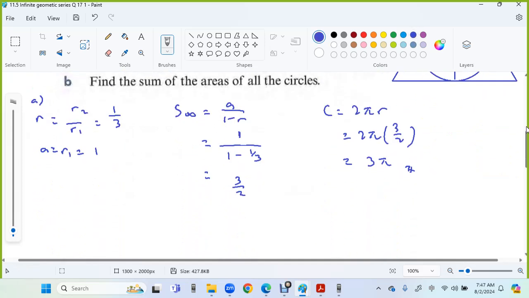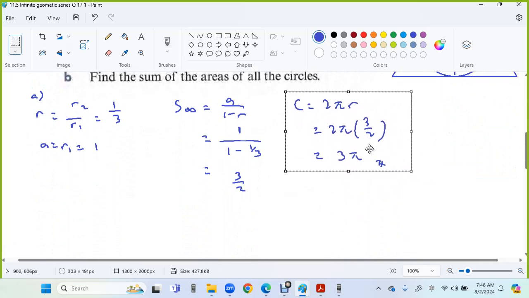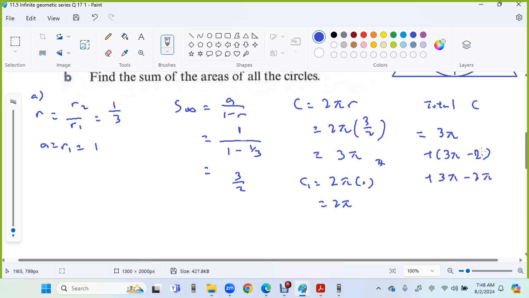So the sum of all, we know that the first circumference, C1, is 2 pi times 1, which is 2 pi. So the total circumference will be 3 pi plus the 3 pi minus 2 pi, and the 3 pi minus 2 pi, this one also minus 2 pi. So we have 5 pi.